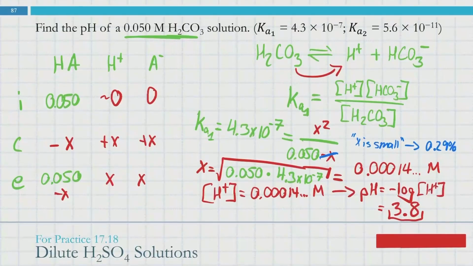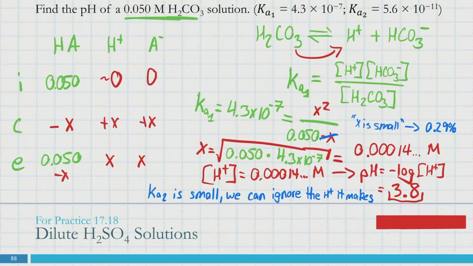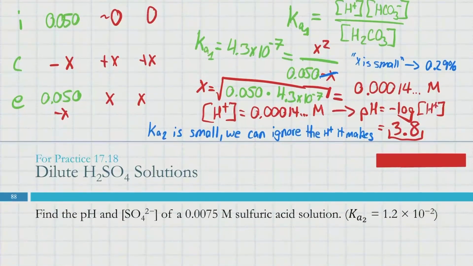And we'll write a little note about that. Ka2 is small, we can ignore the H+ it makes. Like we said in the slides earlier.